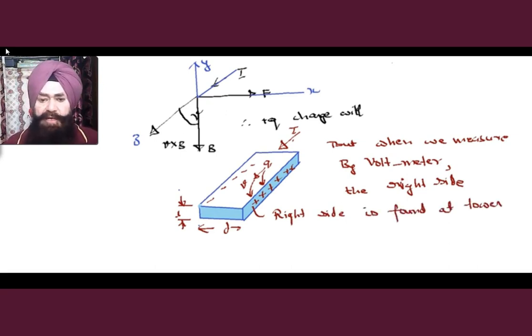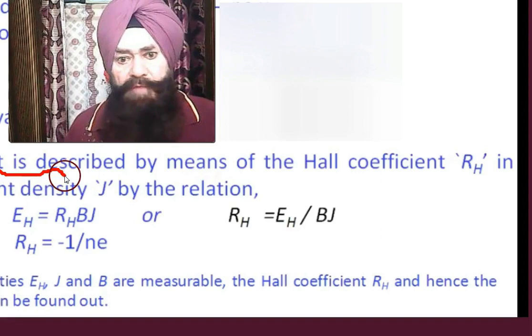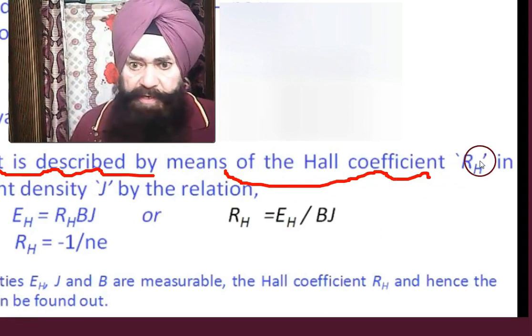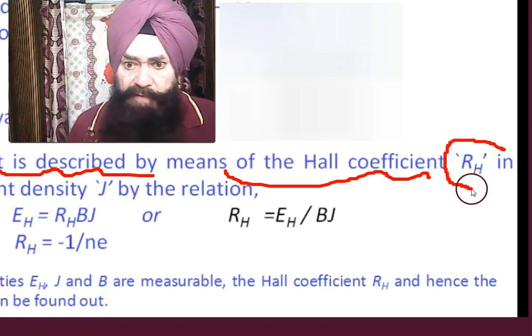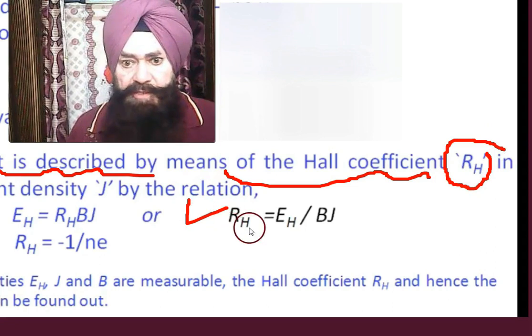So indirectly the Hall effect tells us the type of the charge carrier which is flowing through any strip. We can differentiate whether the charge flowing is negative. The Hall effect is also described by means of the Hall coefficient written as RH. And what is the Hall coefficient RH?